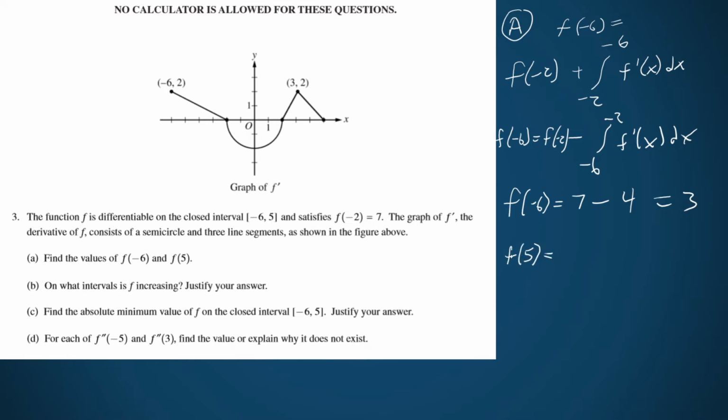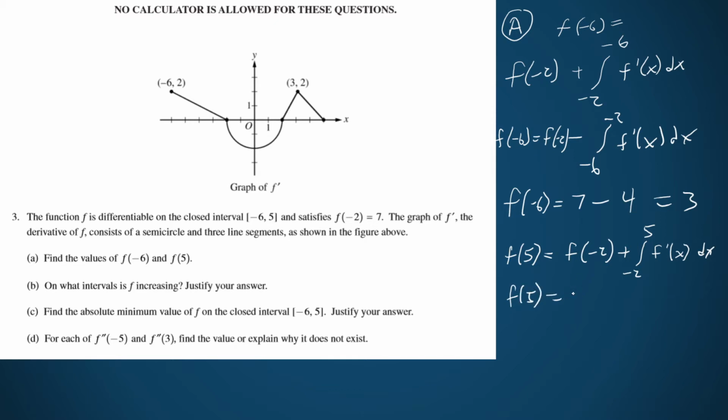What's our general form if I want to find f of 5? That's f of -2 plus the integration from -2 to 5 of f prime x dx.